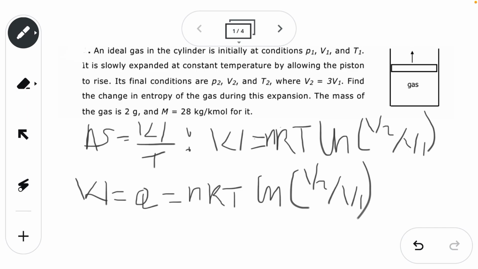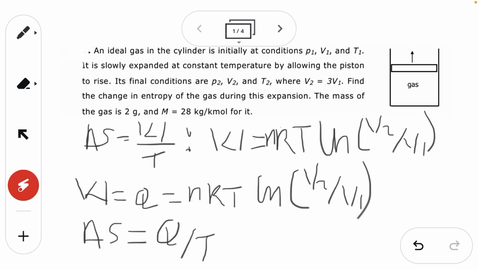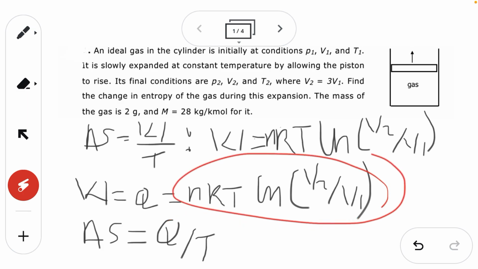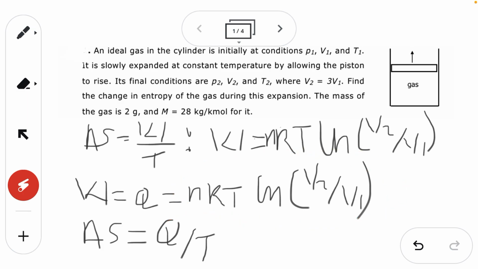So we can see here that if we write the expression for the change of entropy, it is the same as writing the change of entropy as Q over T, where our Q is actually our expression for the work done.